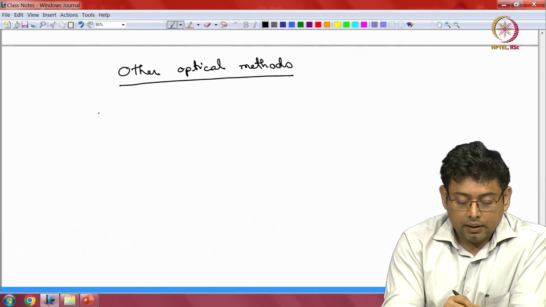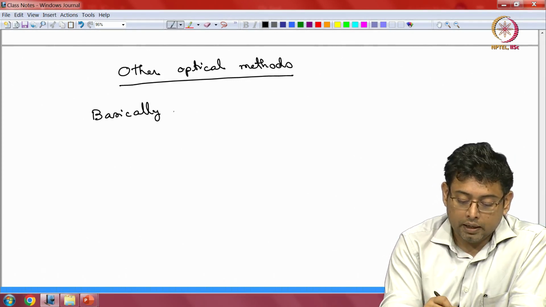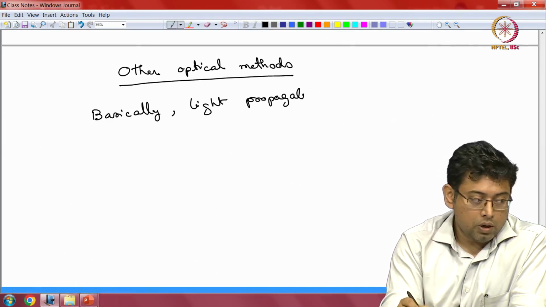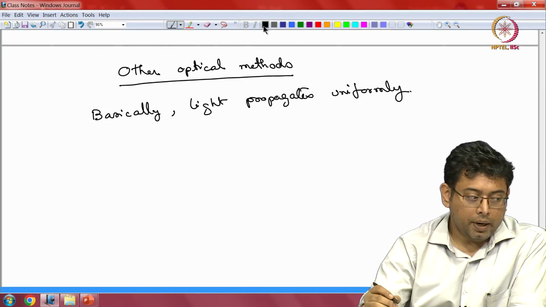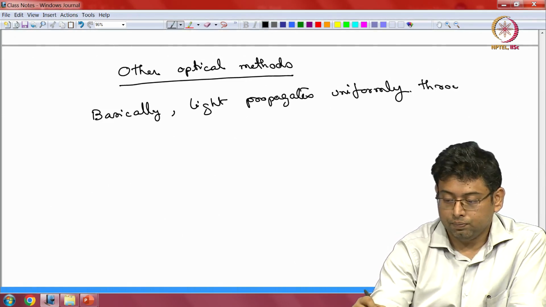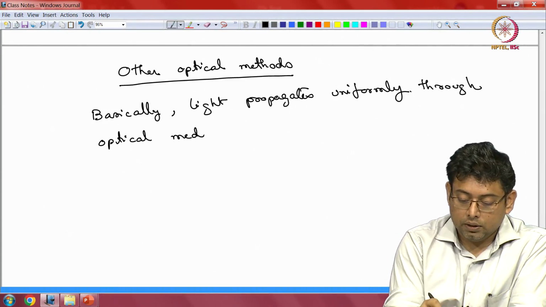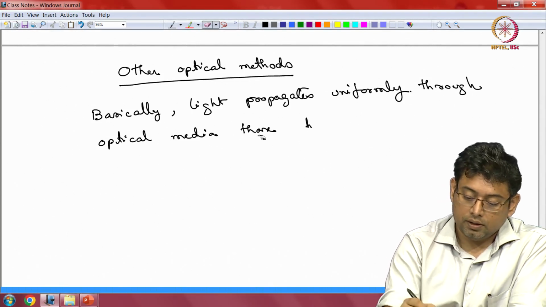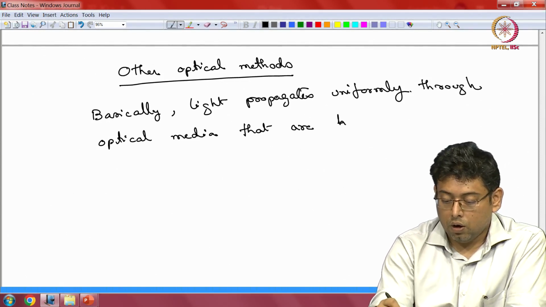Now, basically, techniques such as shadowgraphy and Schlieren use the idea that light propagates uniformly through optical media that are homogeneous.